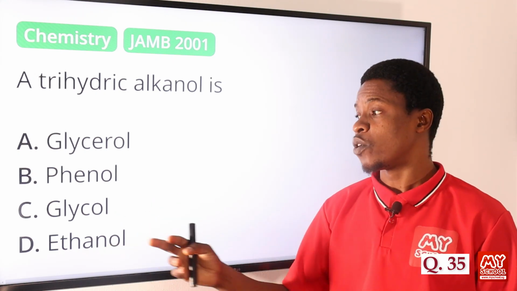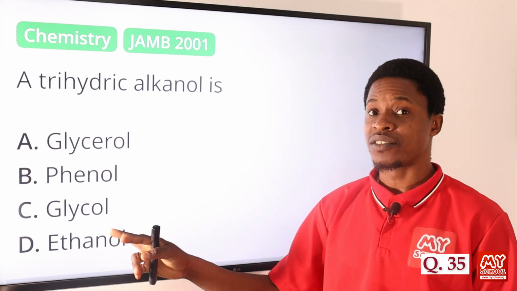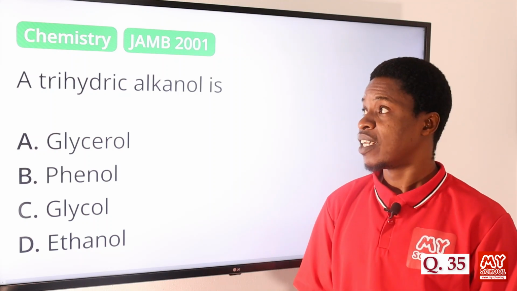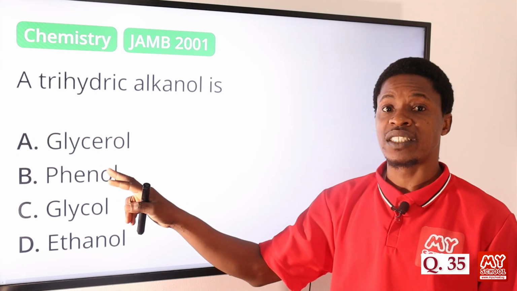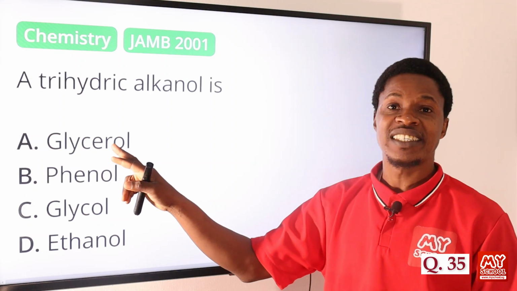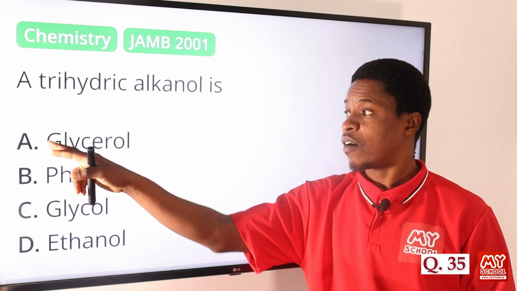Even though they all have OH attached to them, just like ethanol, which is C2H5OH, we are talking about trihydric. This is just 1 OH attached, but this one has 3 OH attached to it.